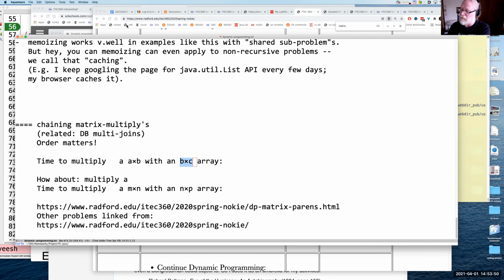The number of columns in this needs to equal the number of rows of the next one. So if I have another matrix here that I'm going to multiply by in front of it, I'm going to need to have width 4, but I might have a 4 by 1. A 4 by 1 times this is the right shape, it matches up.